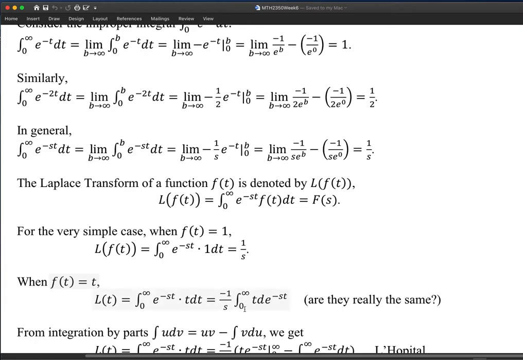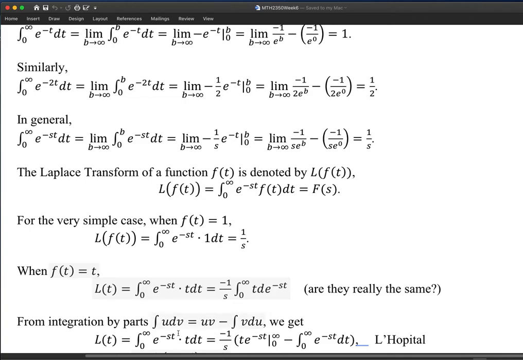The purpose of this manipulation is that I'm using integration by parts. According to the formula, I kept this negative 1 over s in the front, so I should have u times v. As I said, t is u and the exponential term is v, so t times v, minus the antiderivative of v du, e to the negative st dt.